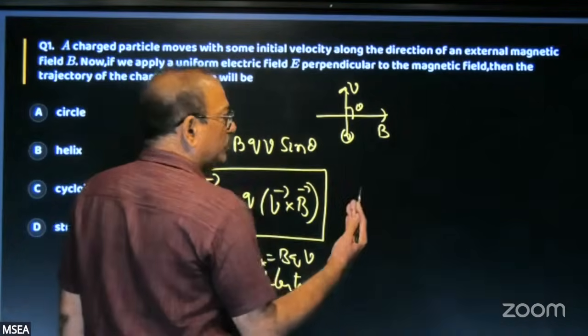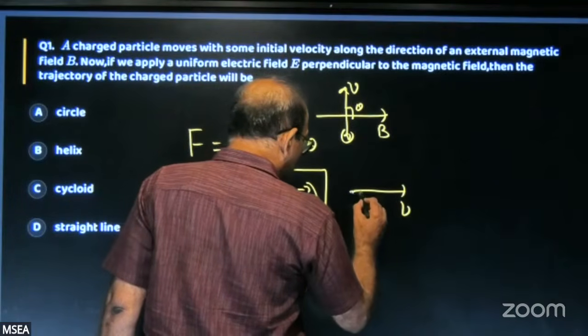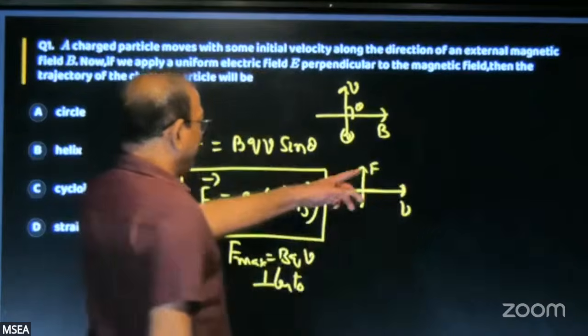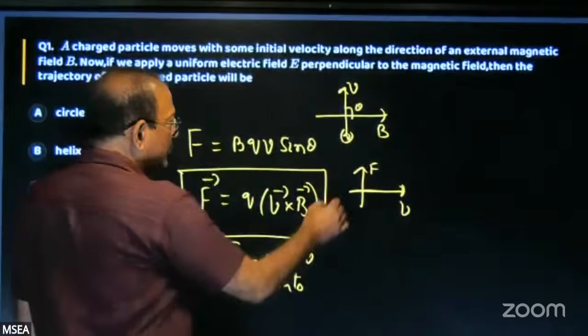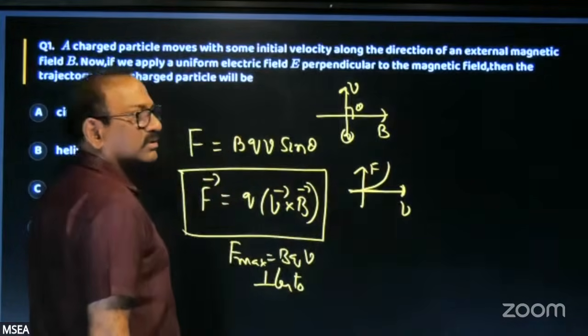Whenever a force acts perpendicular to the velocity vector, that force can change only the direction but not the magnitude of velocity.